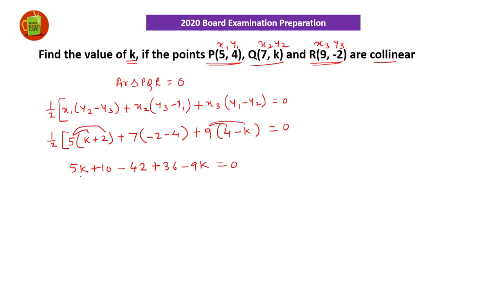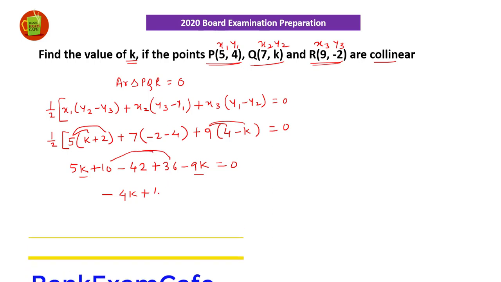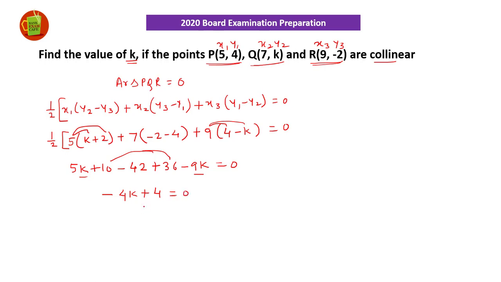So here 5k minus 9k, that will be minus 4k, plus 36 plus 10, that will be 46, minus 42, that will be plus 4, which is equal to 0, and therefore k is equal to 1. So the value of k is equal to 1.